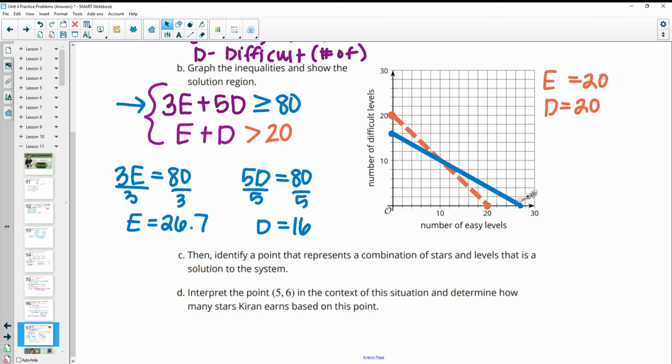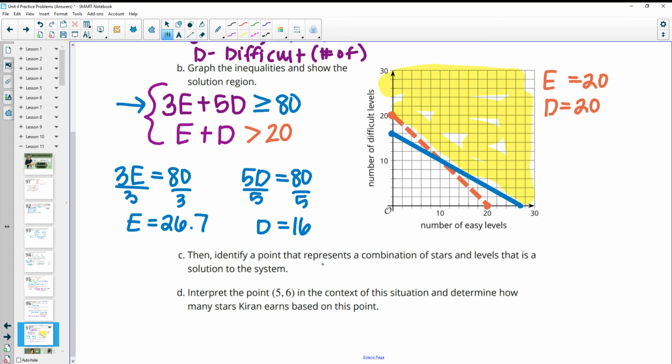And so now we want to be above both of these. So the solution here is going to be above both of these. So above the blue, not just the orange. So anything here is a solution to both. So we can't be in like this little region because that's only above the blue. We can't be in this little region because that's only above the orange. So above both of them.